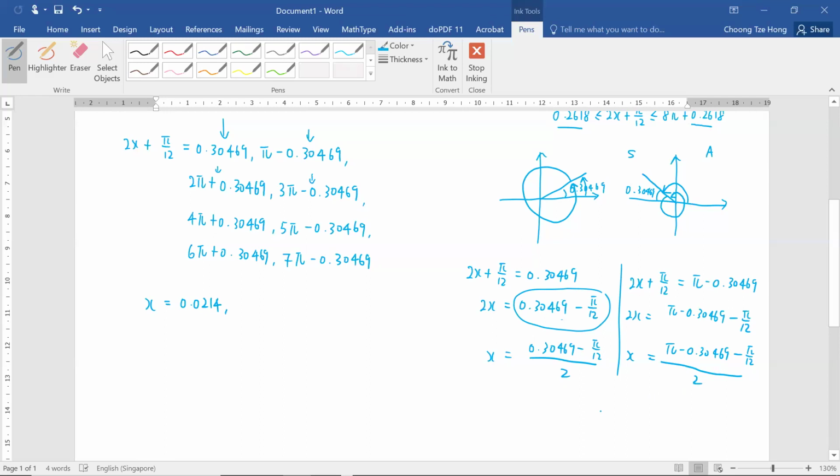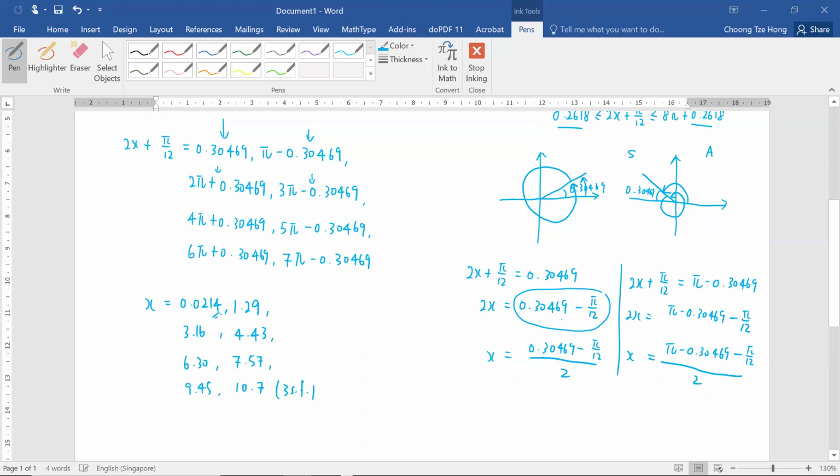Then you'll get your answer. You should be able to get the second answer as 1.29. Then the third answer, you should get 3.16. The fourth answer would be 4.43. Then 6.30, 7.57, 9.45, and finally 10.7. So 8 answers and all of them to 3 sig fig.